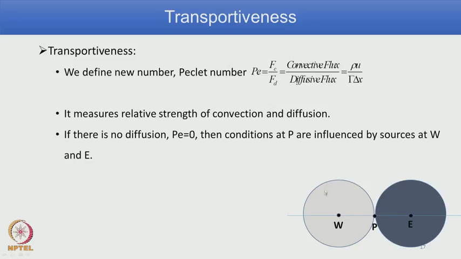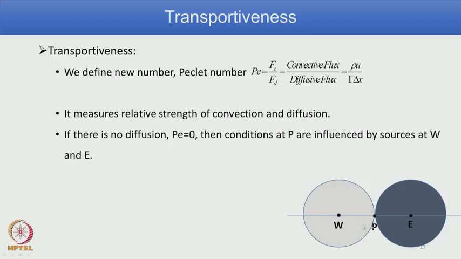So, I am just giving one figure to explain this. There are two control volumes, for example, shown here as circles. P is the point of interest, that is, the nodal value where you want to find the solution, and E and W are two adjacent nodes, E basically for east and W representing west.